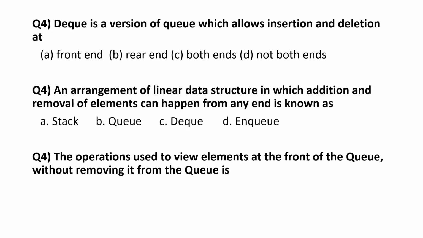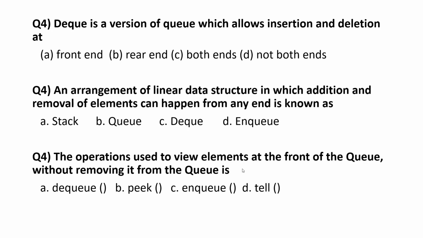The correct answer is deque, C. The next question: the operation used to view elements at the front of the queue without removing it from the queue is. Normally dequeue removes the element but doesn't just show the element. Even if it shows the element, it shows it after removing it.